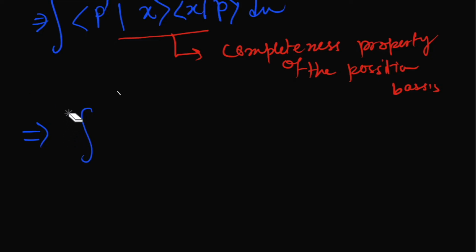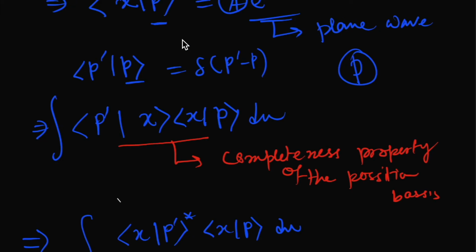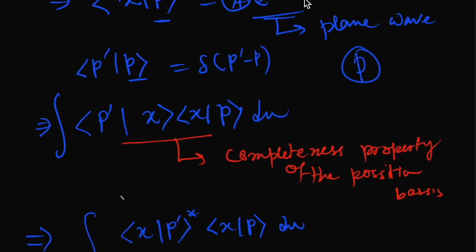How does it come? Let us see that explicitly. Here ⟨p'|p⟩ means ∫ dx ⟨p'|x⟩⟨x|p⟩, with ⟨p'|x⟩ being the complex conjugate of ⟨x|p'⟩. As we know, the form of ⟨x|p⟩ is A e to the power i p x by ħ.